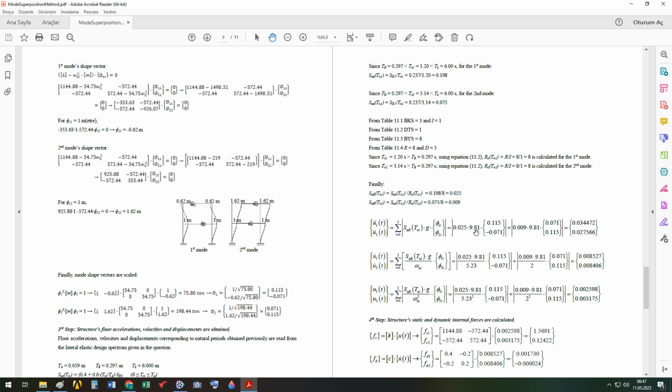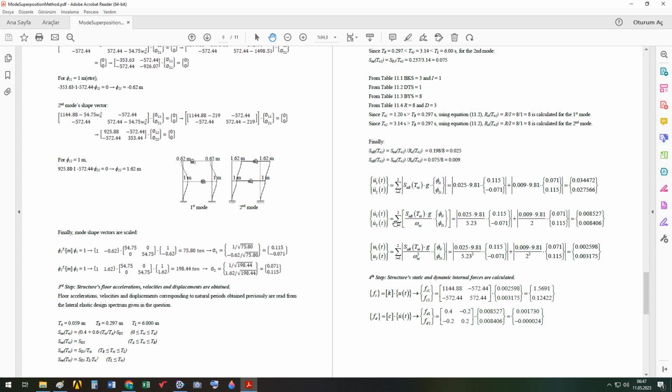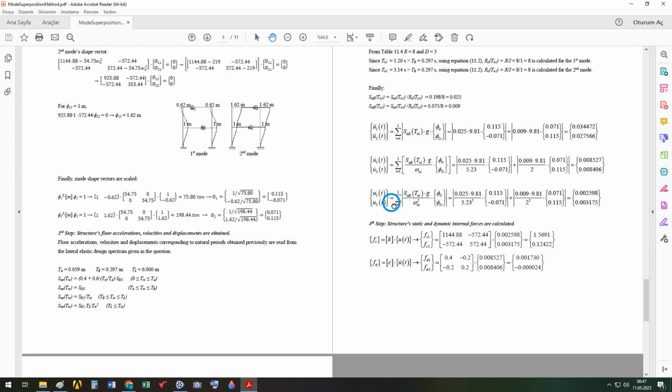This is gravitational acceleration. This is the first mode scaled mode shape vector. Similarly, this belongs to the second mode. And using other formulas, I calculate the maximum floor accelerations, velocities, and displacements.